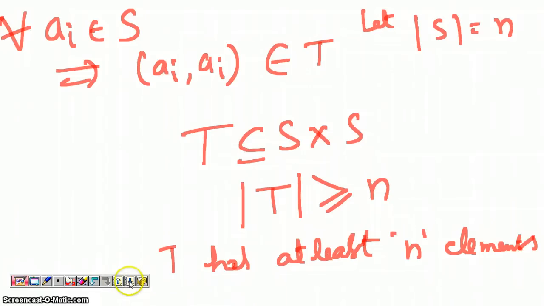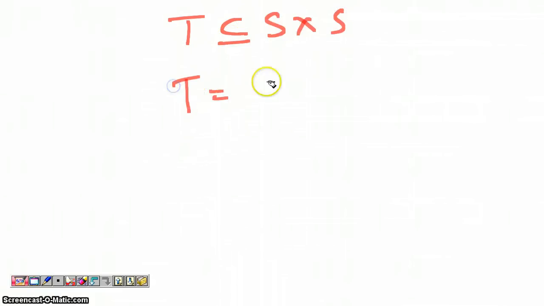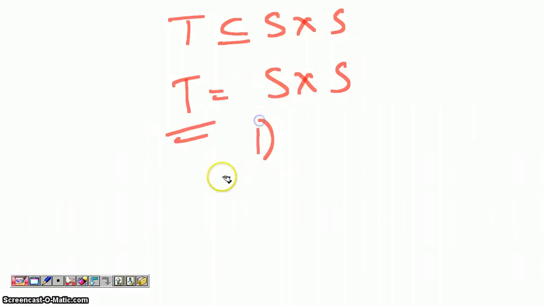Now, what is the maximum number of elements that T can have? T is a subset of S cross S. Consider T to be equal to S cross S. This is definitely a reflexive relation because it has AI comma AI.